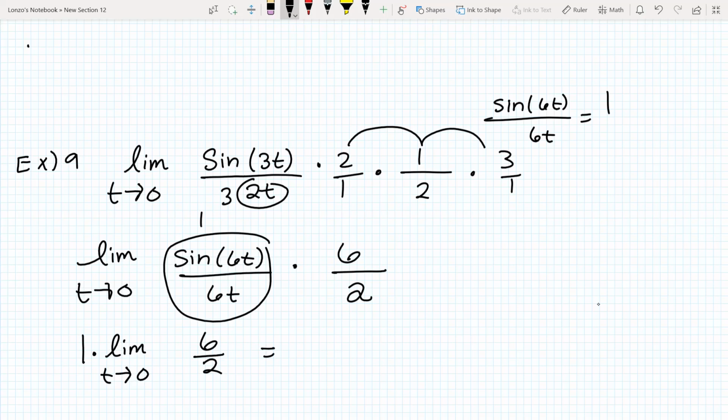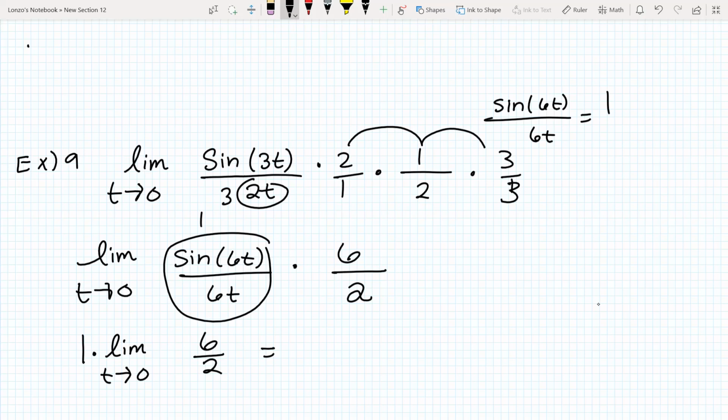Let me check my work. So I multiplied this by 2, and then I had to multiply this by 1/2. Good. Then I had to multiply this by 3. Oh, I see. I actually had to multiply this by 3 over 3, right? Because if I just multiplied by 3, that does change the problem.